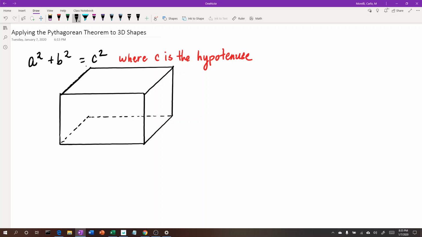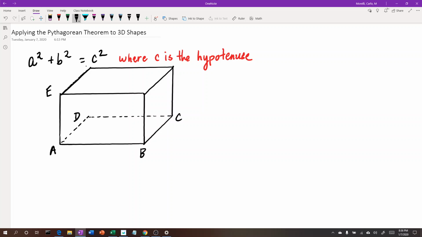So we're gonna call this point A, and we'll call point B right here, point C right here, point D is going to be back here. Okay, but hold off on drawing that vertical line right there for a second. Point E is going to be right here.